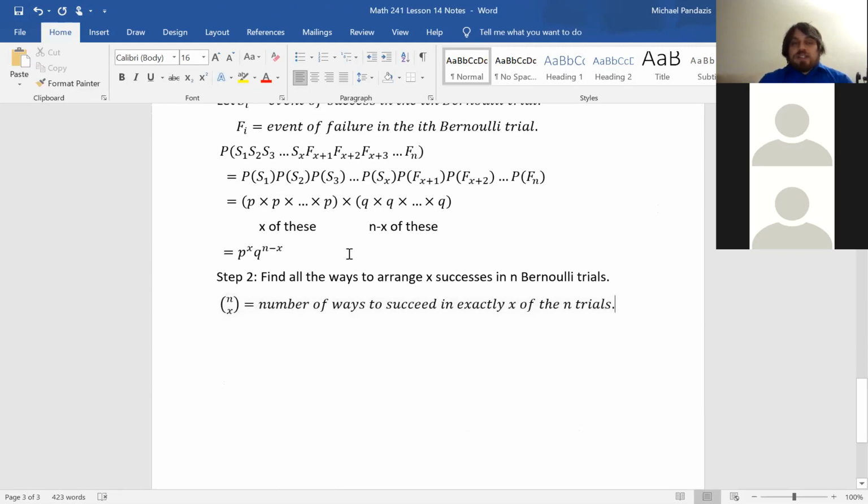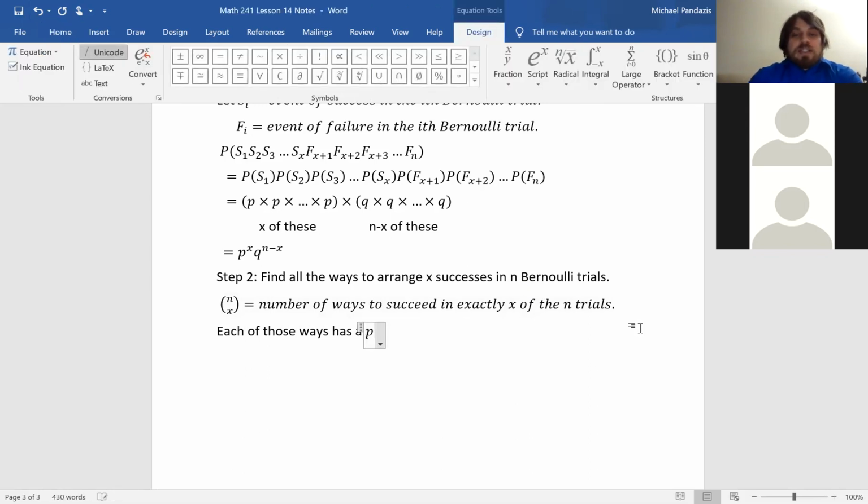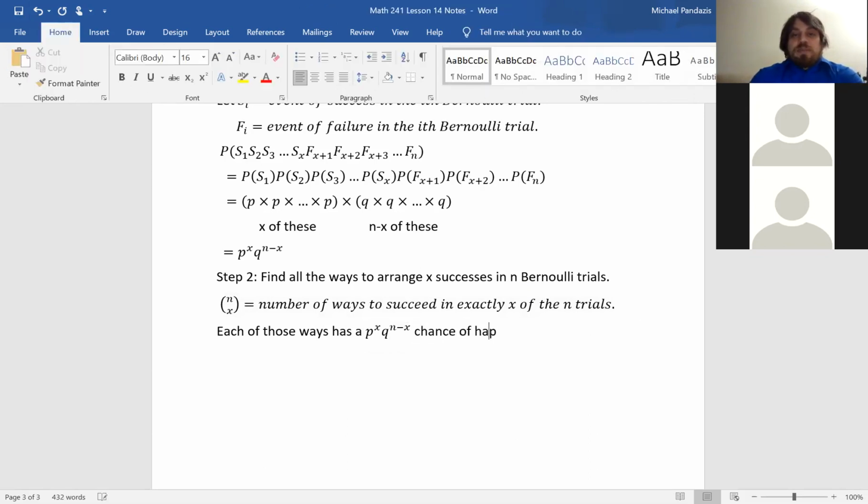That combinatorial number represents the total number of ways to arrange x successes in n Bernoulli trials. Each of those ways has a p to the x, q to the n minus x chance of happening. So each of those arrangements of exactly x successes has that probability.